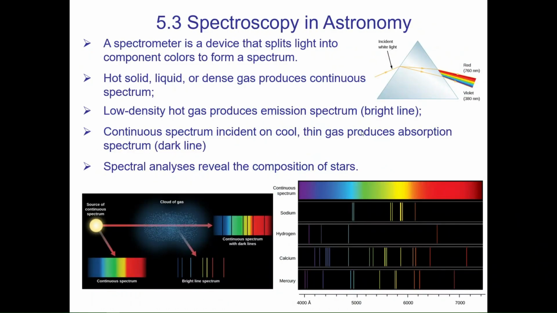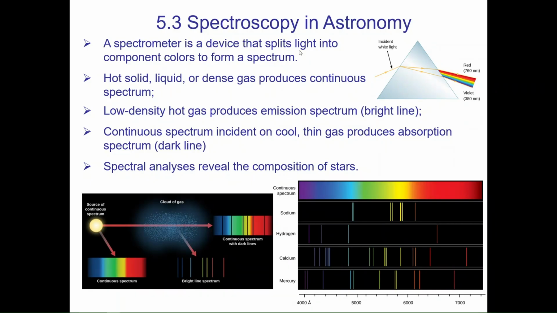And next, let's look at how we can know what the star is made from, how we know the chemical composition of the star. It's basically by looking at the spectrum of the star. So what we're going to talk about is spectroscopy in astronomy.